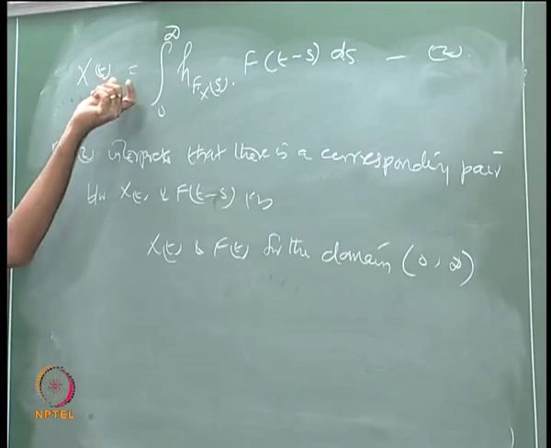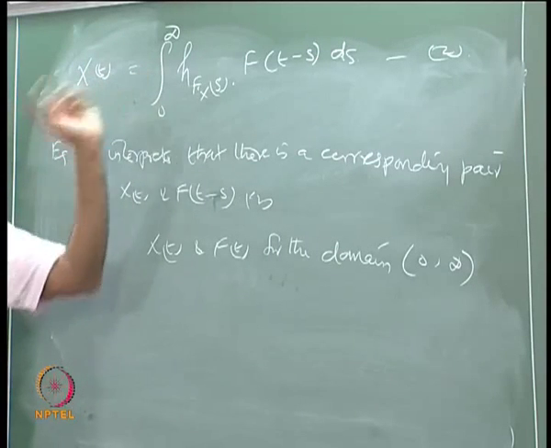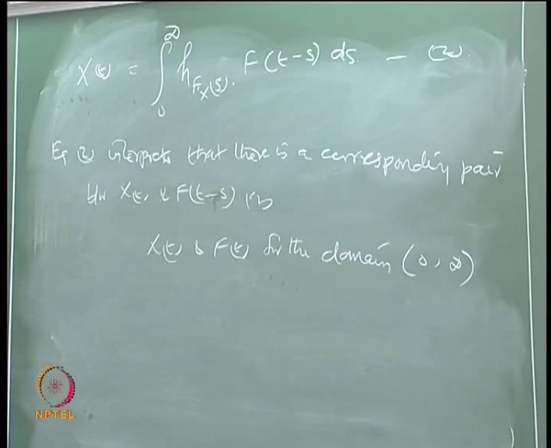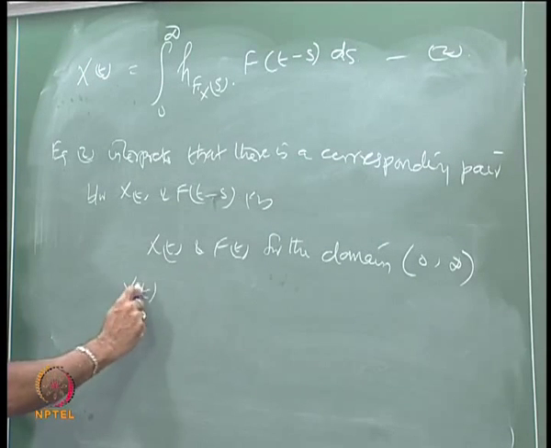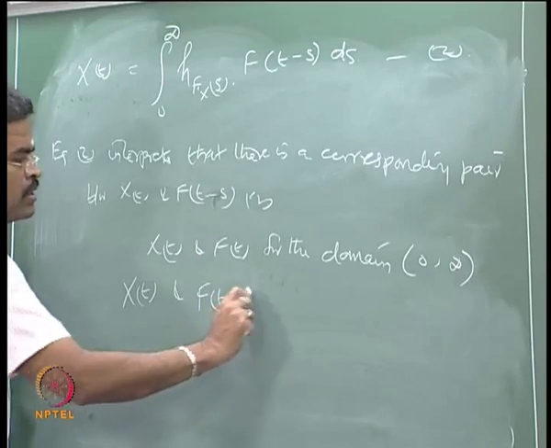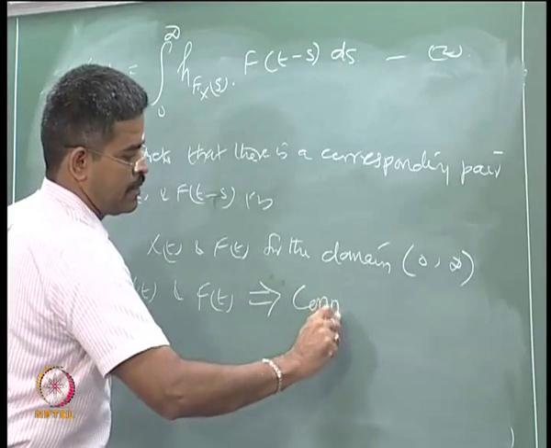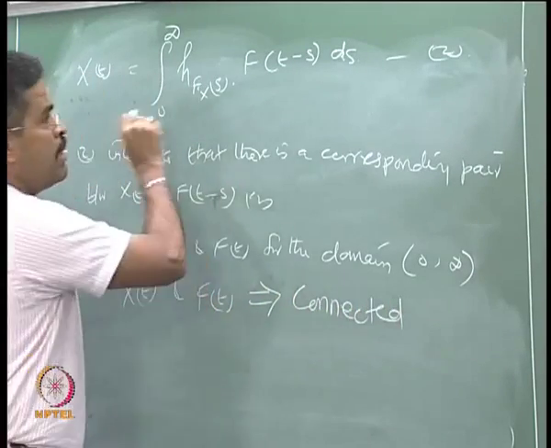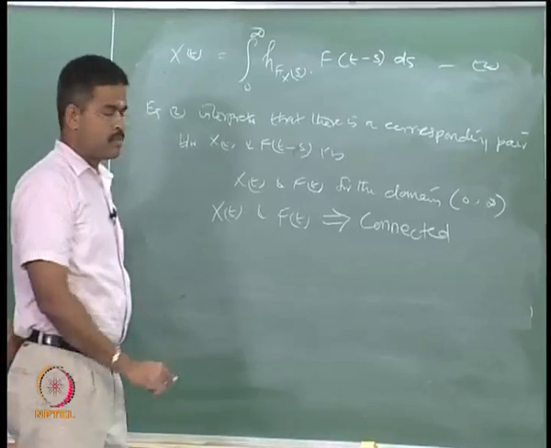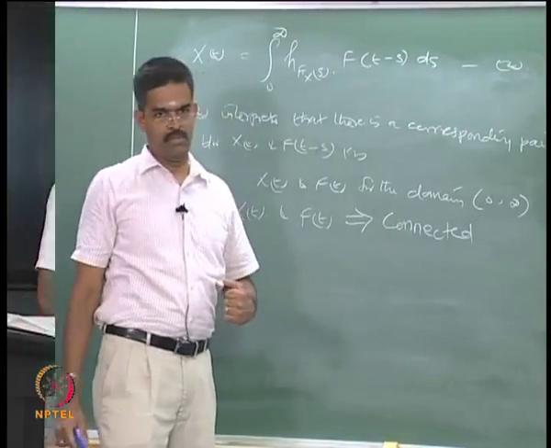There is a complete connectivity between these two. So x of t and f of t are connected. That is the mathematical meaning of this expression, is it not? So that connectivity is what we are trying to establish.